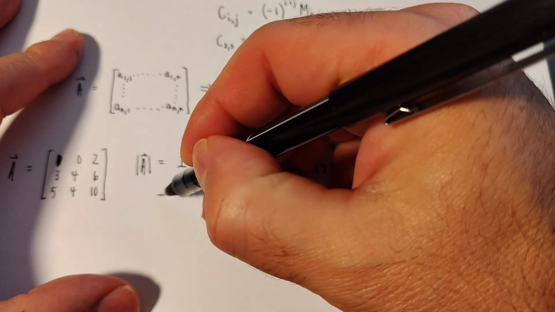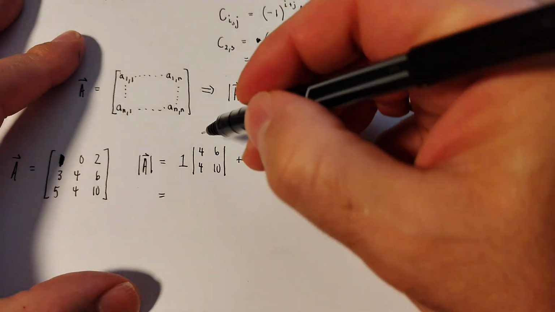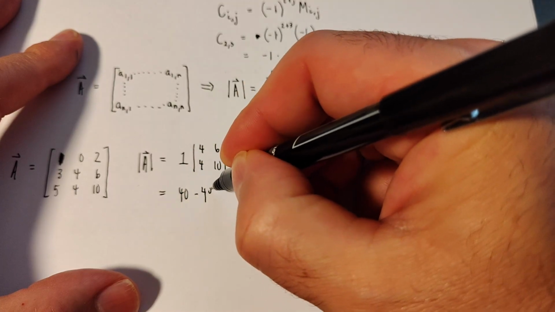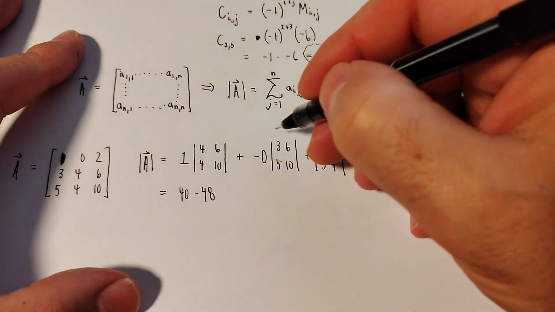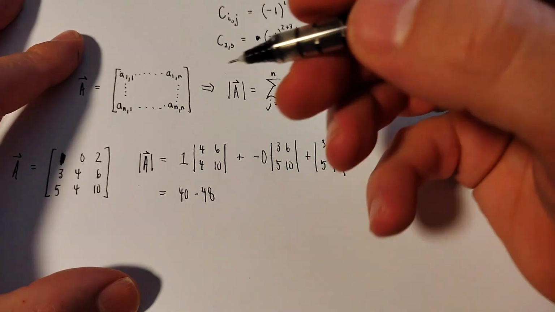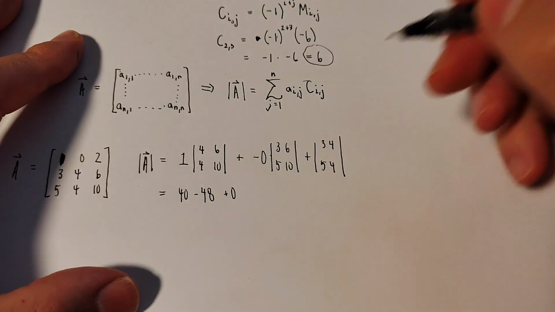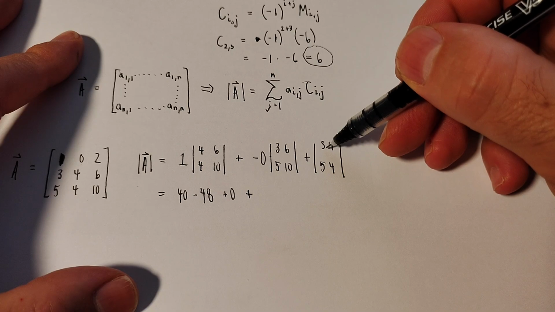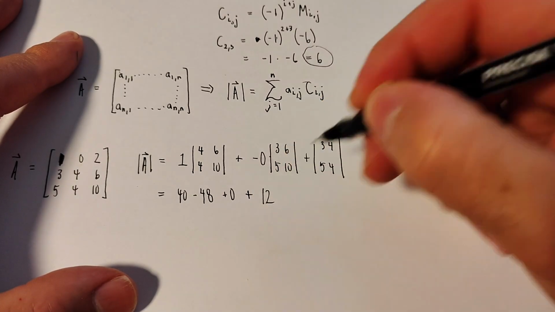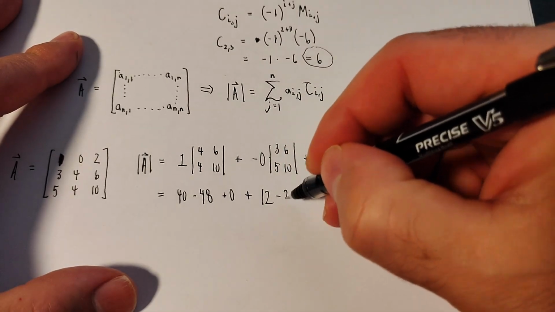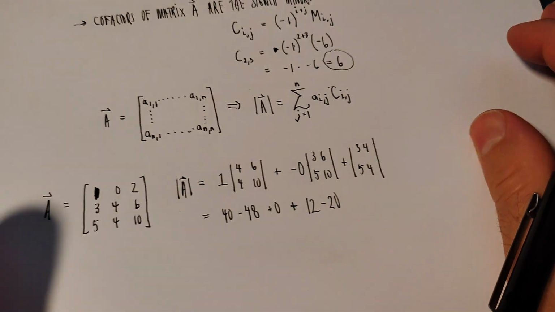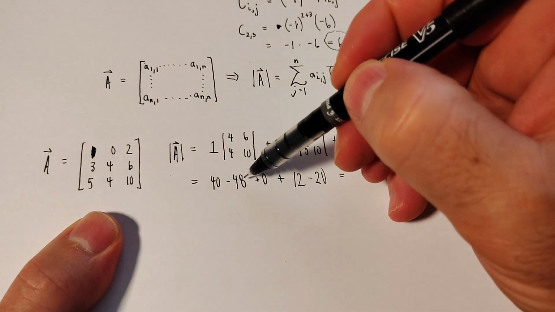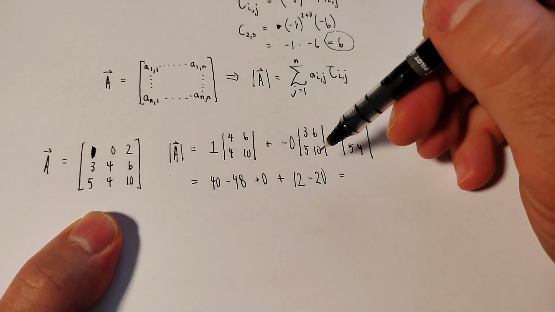All right, so that's equal to, let's see, 40 minus 48. Plus 0, because anything times 0 is 0. All right, plus we have here 12 minus 20. All right, what does that all equal? 40 minus 48 is negative 8.